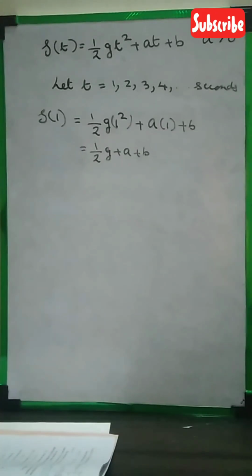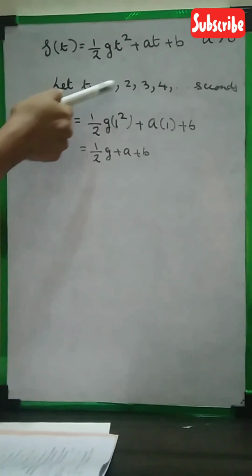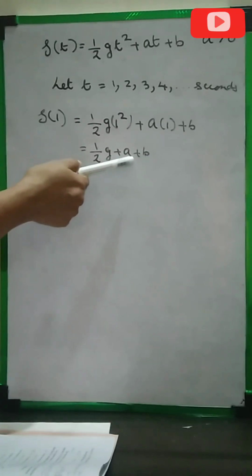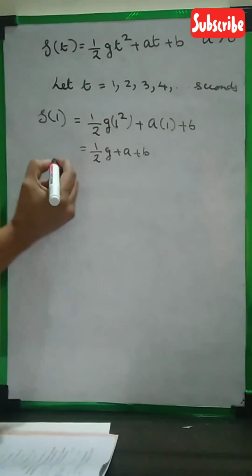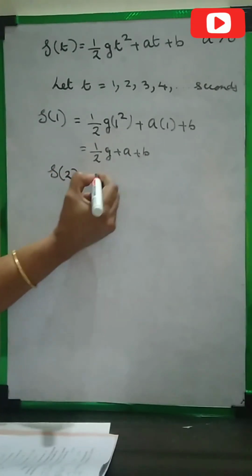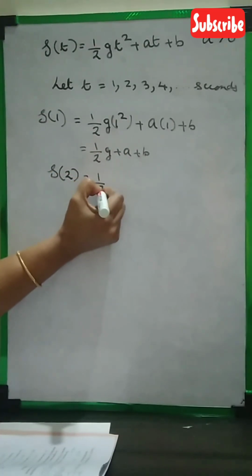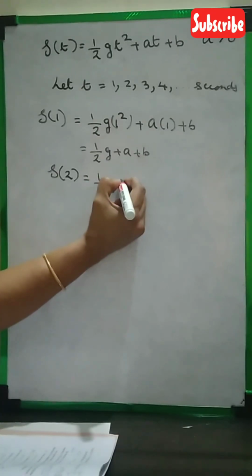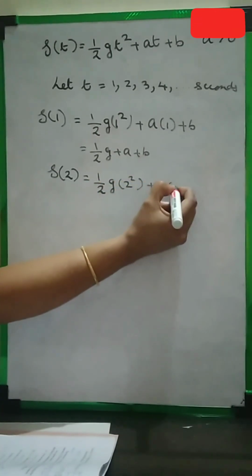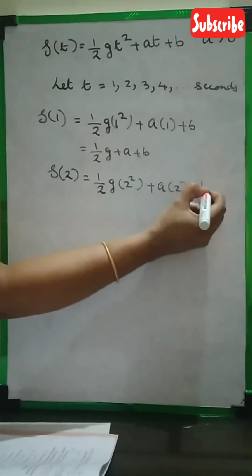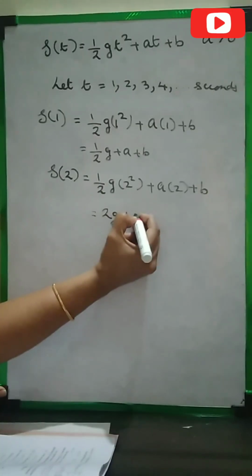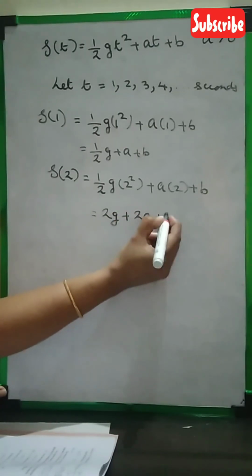So when our input is 1 second, the distance we get is 1 by 2 g plus a plus b. Now if our time is 2 seconds, then it is 1 by 2 g into 2 square plus a into 2 plus b, that is equal to 2g plus 2a plus b.